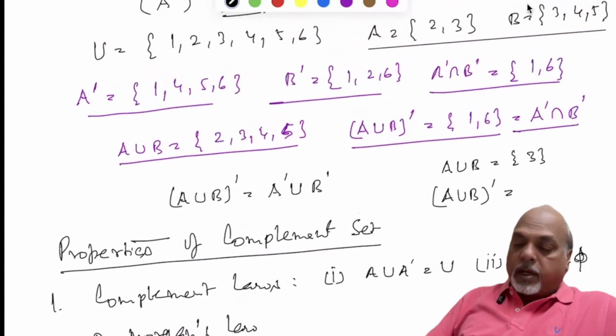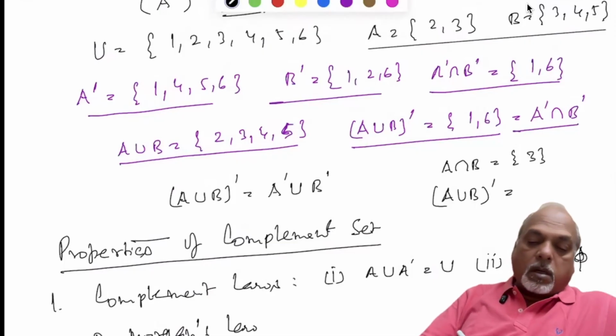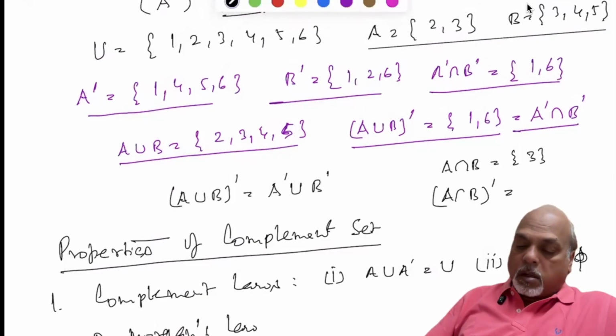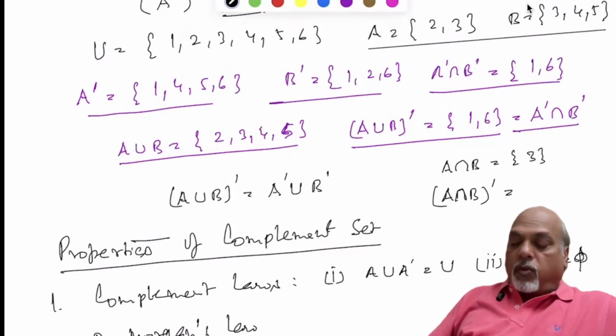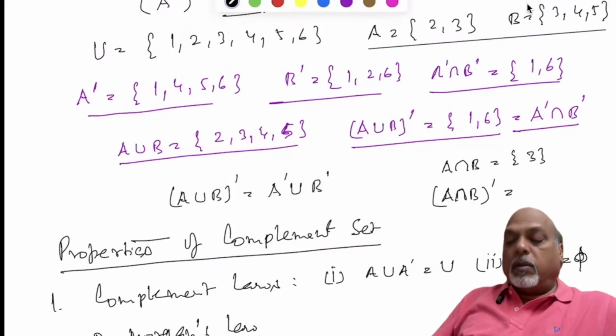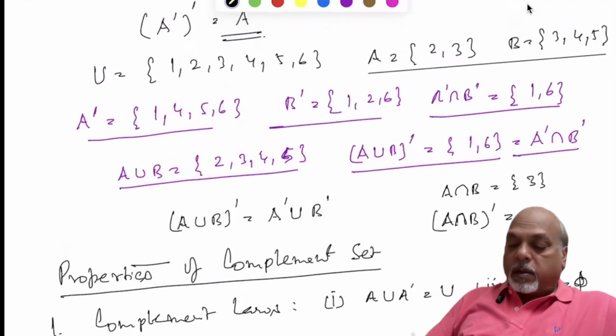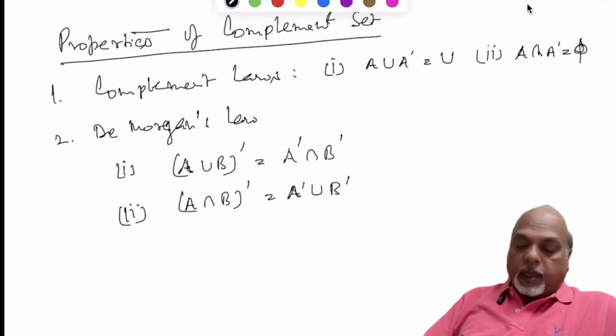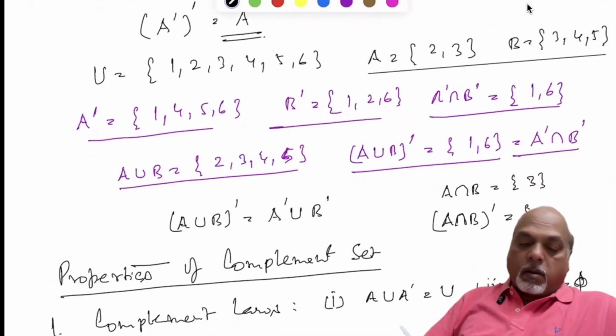Here basically we are finding the complement of the intersection. The complement will be nothing but 1, 2, 4, 5, 6. I think that is correct.